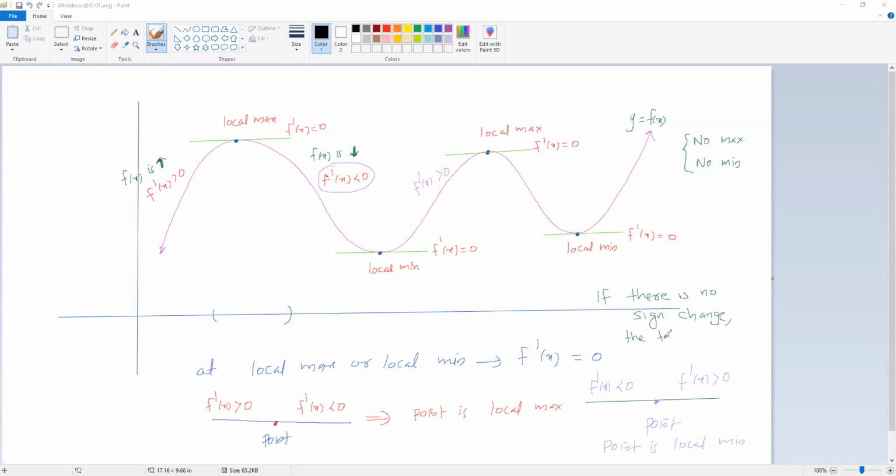We can't say it is a local maximum or local minimum. This test has a particular name. It is known as the first derivative test, because we are finding the first derivative and checking its sign. Understood?